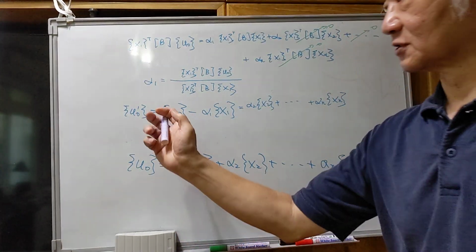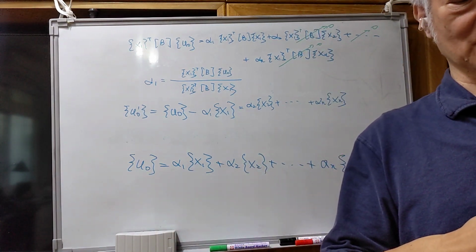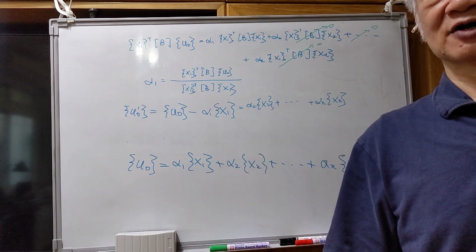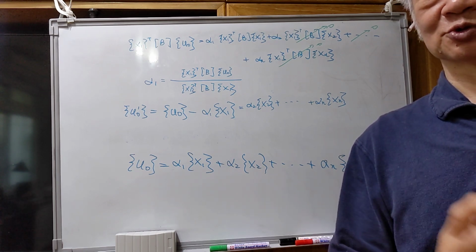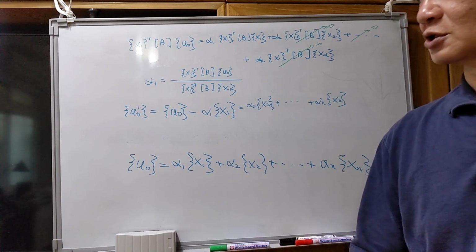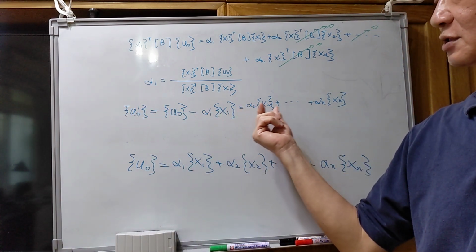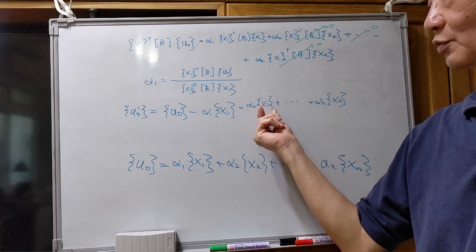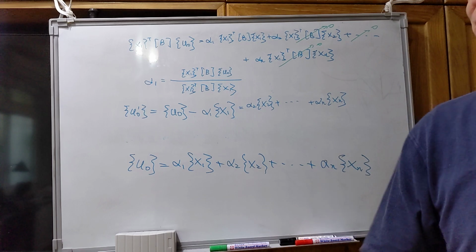You can say the u0 prime vector is a vector without the contribution from x1. So u0 prime contains only the contributions from x2 until xn.